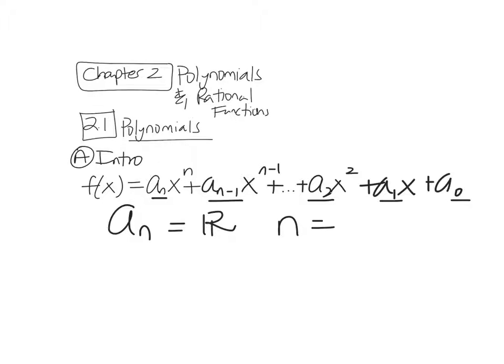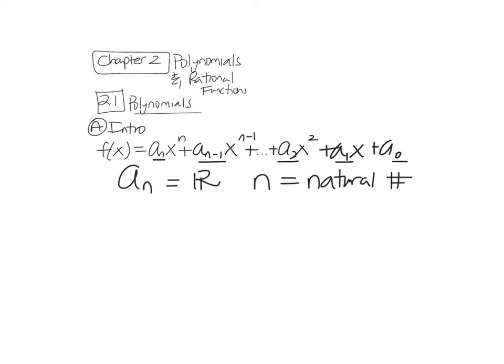Let's just say it has to be a natural number, or a counting number. So 1, 2, 3, 4, all the way up. No fractions, no negatives, not 0. All right? So that's the definition of what a polynomial is.